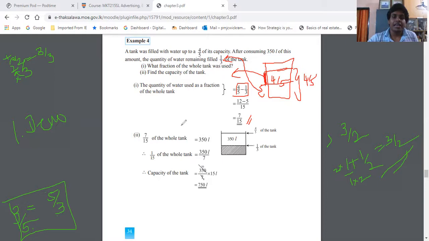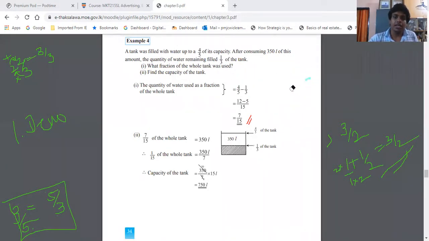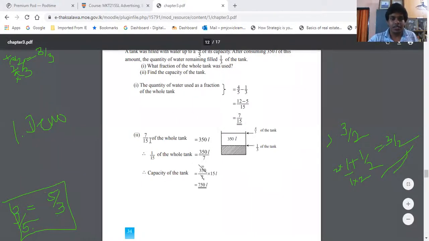Then find the capacity of the tank. We always find capacity in liters, and we will talk about liters in volume. If 350 liters equals 7/15, then 1/15 equals 350 divided by 7.